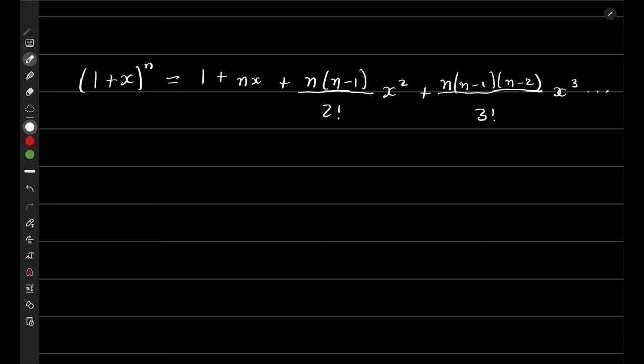So these are the only terms for 3 and below. For more terms, you continue the pattern. For example, for n equal to 4, you will go n(n - 1)(n - 2)(n - 3) over 4 factorial. And that's basically how the pattern goes.